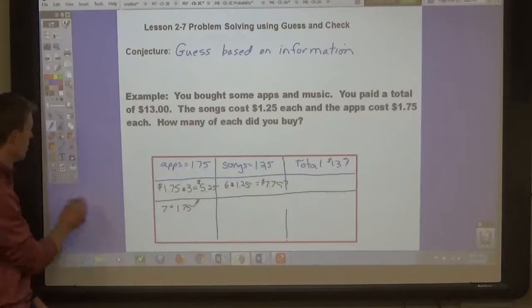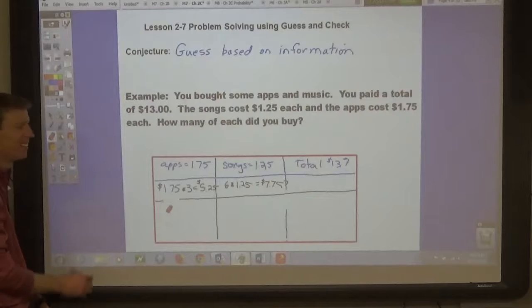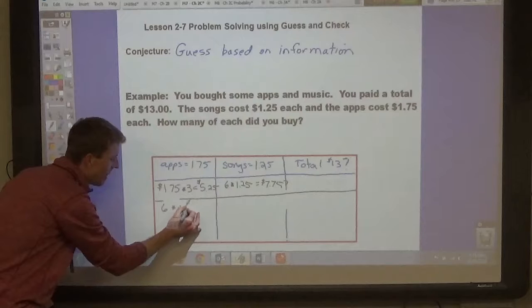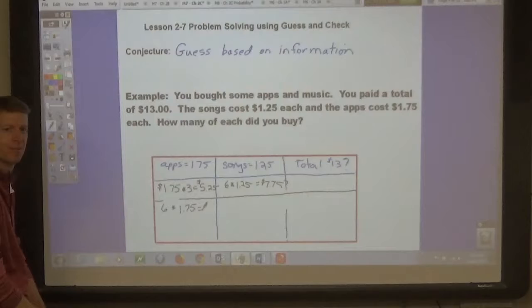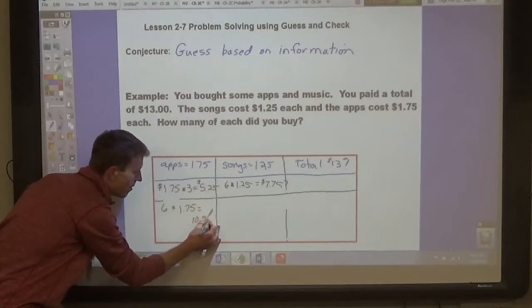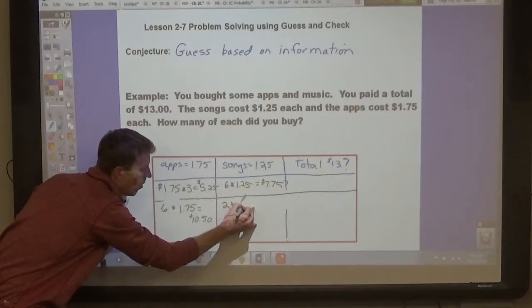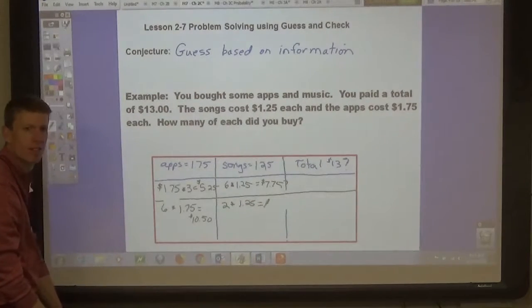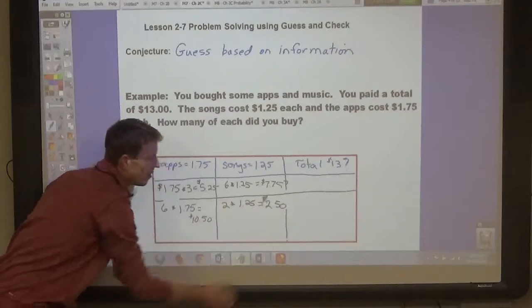Try 6 apps and 2 songs. 6 times 1.75, what does that equal? Peter. 10.50. Then 2 songs. And 2 times 1.25 is 2.50. Does that equal 13? Yeah.